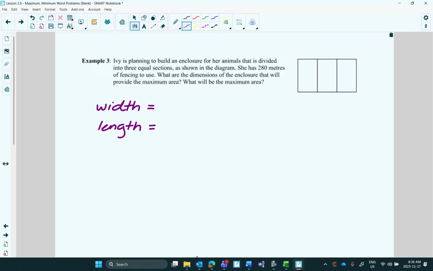And then we'll calculate the length given the width. So we don't know the width, we're going to call it x. Well, if you look at the diagram, in a normal rectangle, there's only 2 widths. However, this one has 4 widths. All of these are widths, so they're all called x.